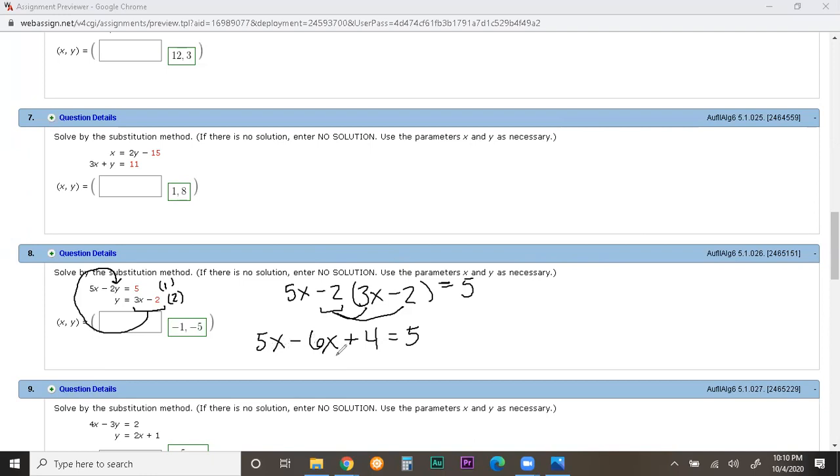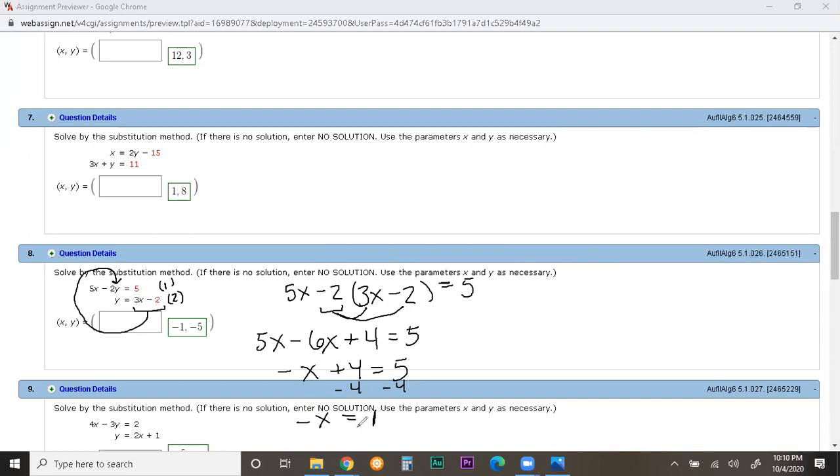So 5x minus 6x will be negative 1x, which is just negative x. We keep our plus 4 equals 5. Now that everything is simplified, we can subtract 4 on both sides. So negative x equals 5 minus 4, which is 1.